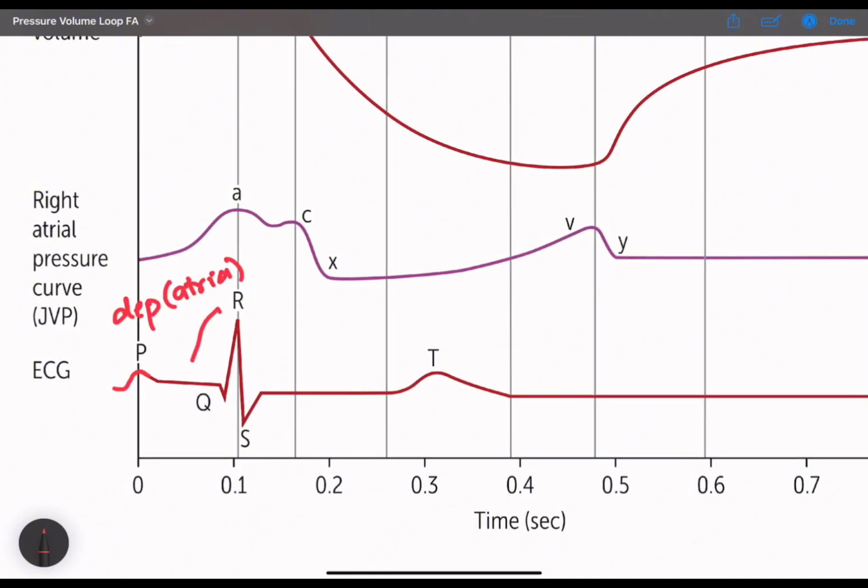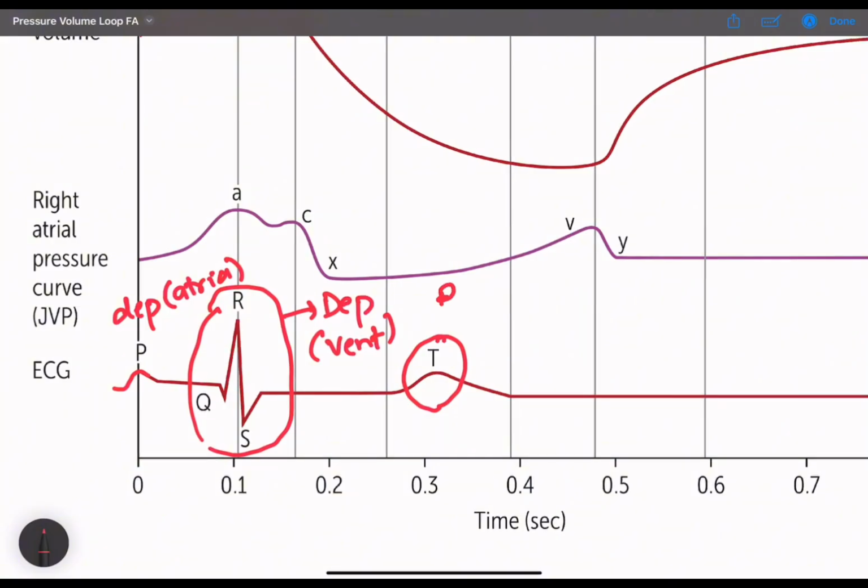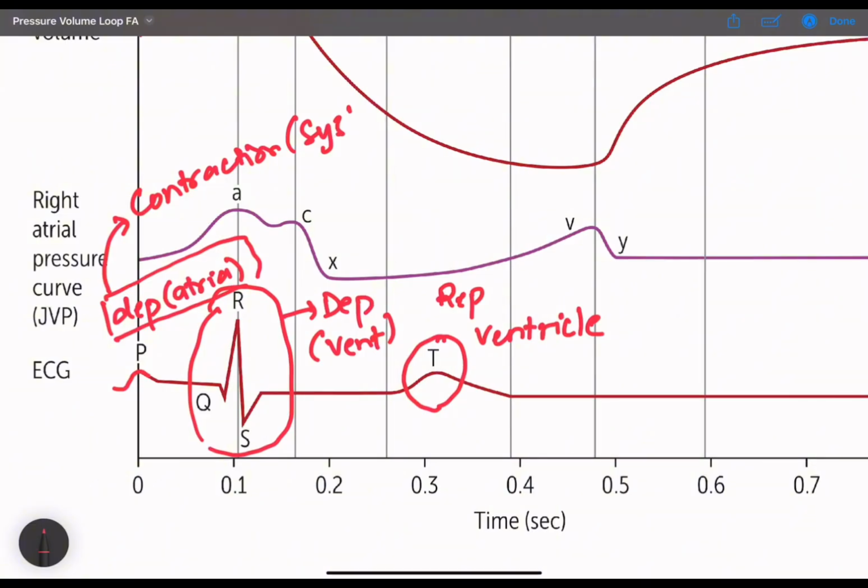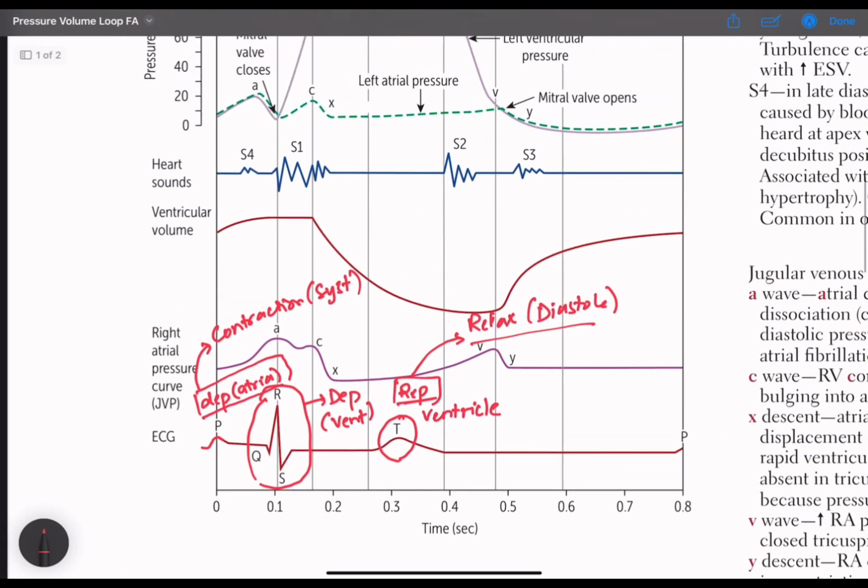The QRS complex shows depolarization of ventricles, while T wave shows repolarization of ventricles. The depolarization serves as a stimulus for contraction, or in other words, systole, while the repolarization serves as a stimulus for relaxation or diastole. This was all about the electrical activity.